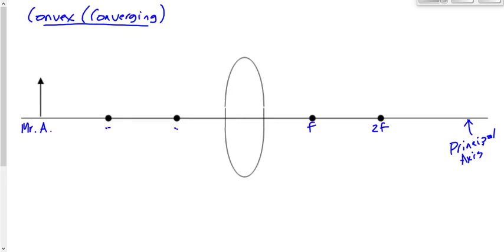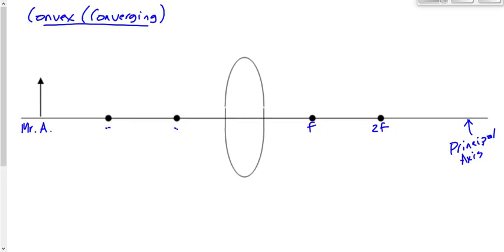We could, through a series of Snell's law calculations, determine exactly where those rays went, all of them. But there are two rays that are particularly predictable. So we're not going to do these Snell's law calculations here. We're going to draw two rays that are predictable, and that's going to determine for us what the image of Mr. Aiello is going to look like. Right?